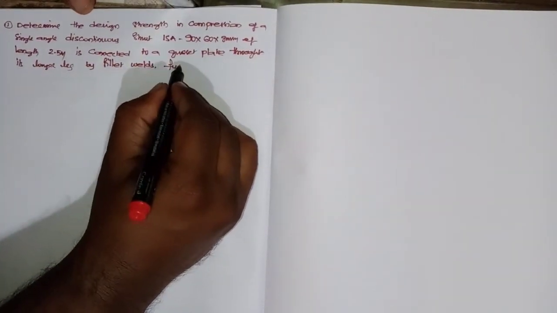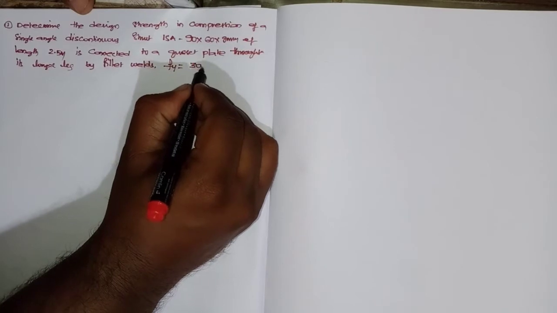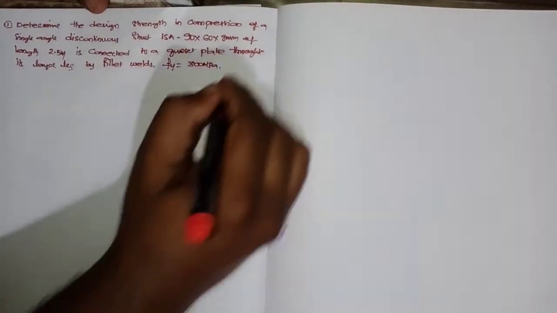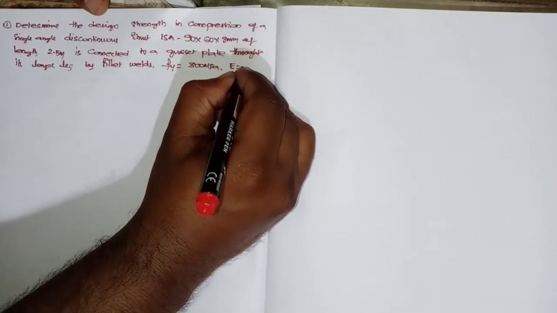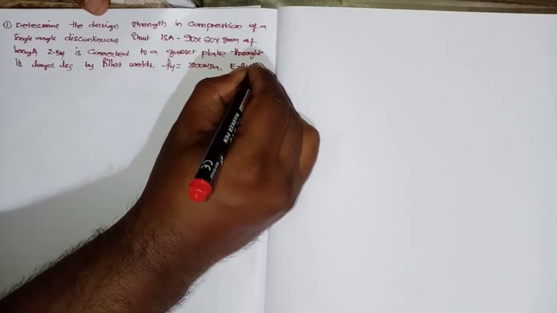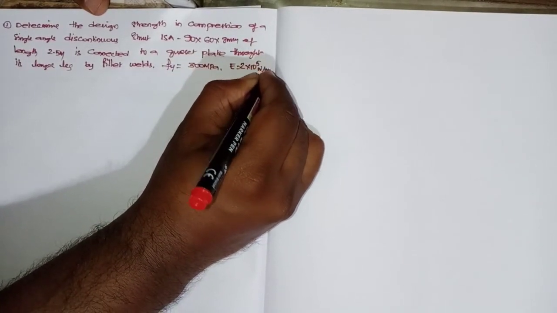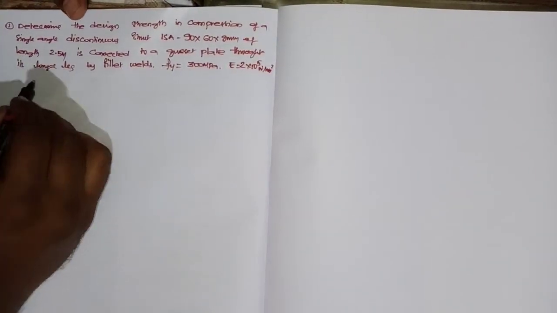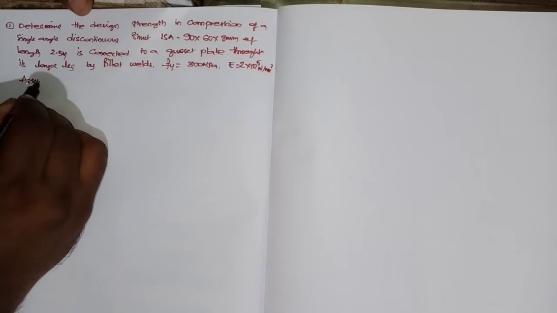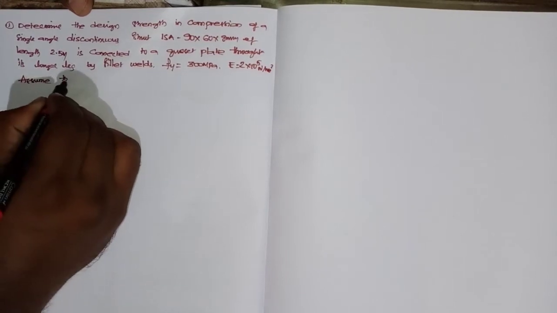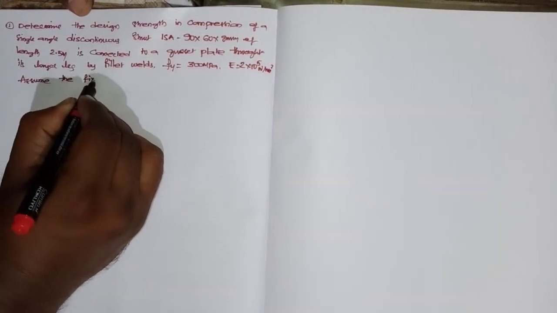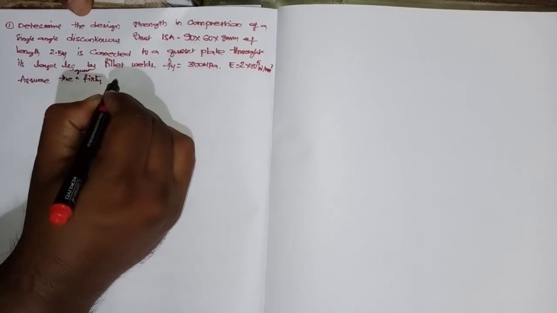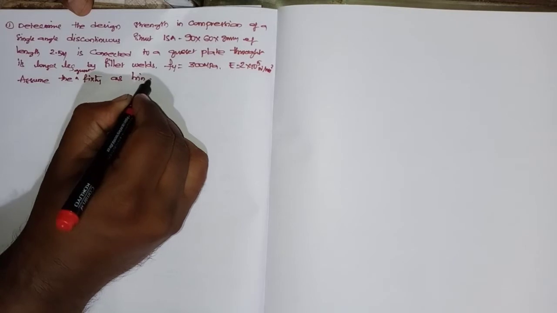Take yield stress of steel as 300 Newton per mm square, and modulus of elasticity, even if it is not given, it is constant, that is 2 into 10 power 5 Newton per mm square. And assume the gusset fixity condition as hinged.